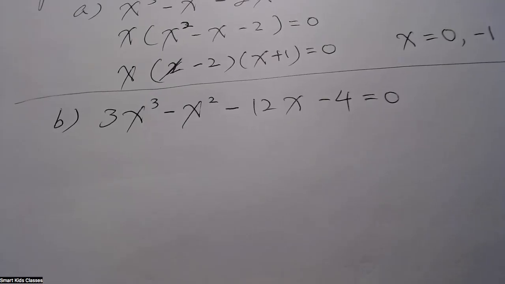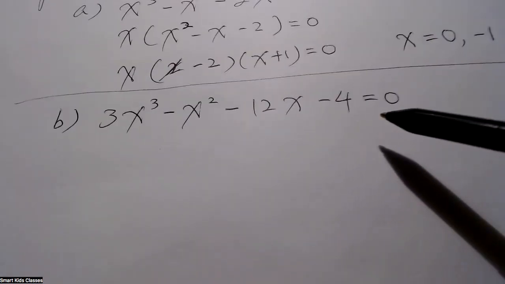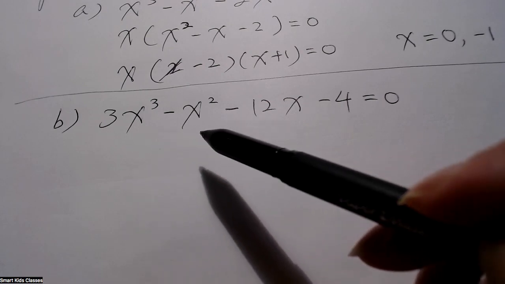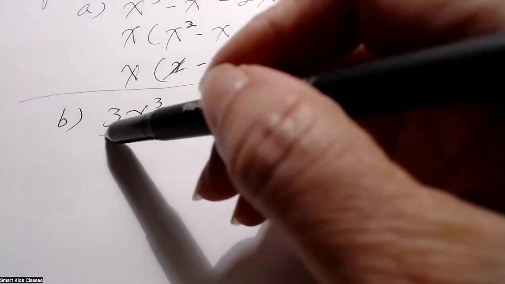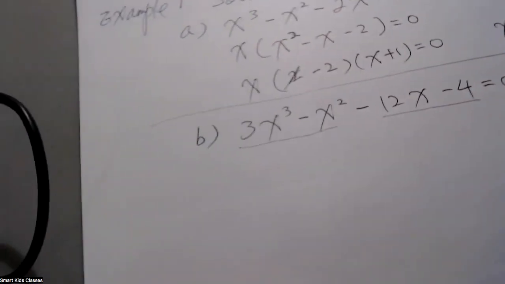The next equation: 3x exponent 3 minus x squared minus 12x minus 4. From here, you can see we can do group factoring. We factor the front 2 terms and the end 2 terms. Let's start.